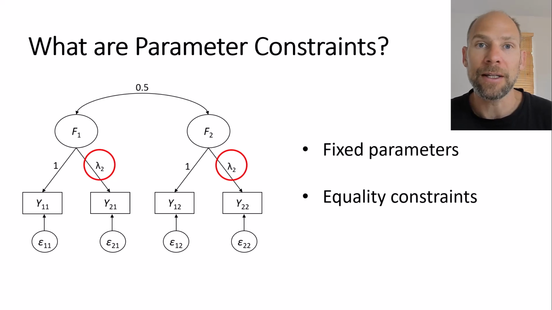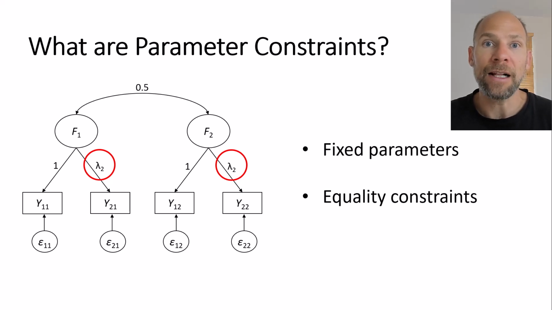An example in this factor model are the loadings lambda 2 of the second indicator on each factor, which you can see here. You can see that these lambdas have the same subscript 2, and that indicates that they are constrained to the same value, although the specific value has not been set, meaning we don't fix that loading to 1 or any other value.